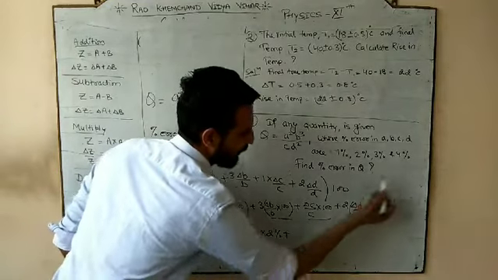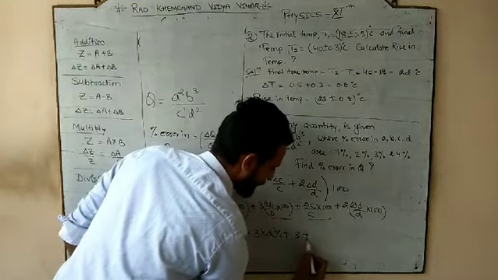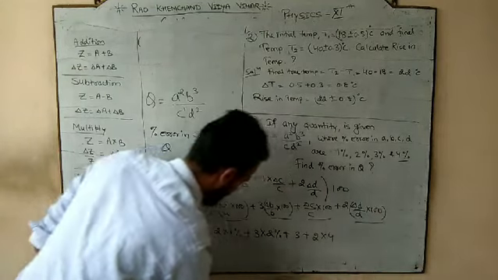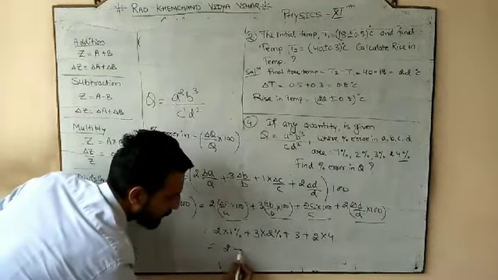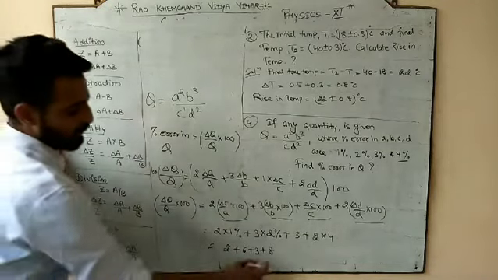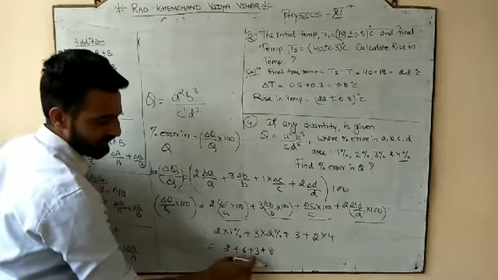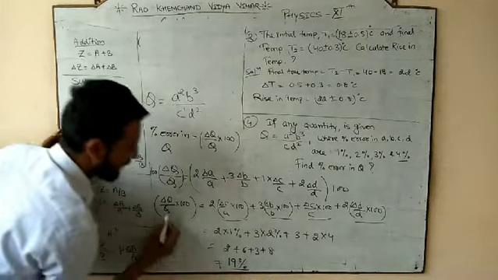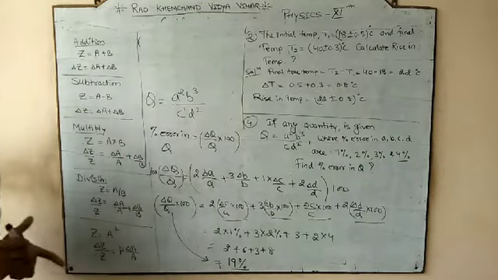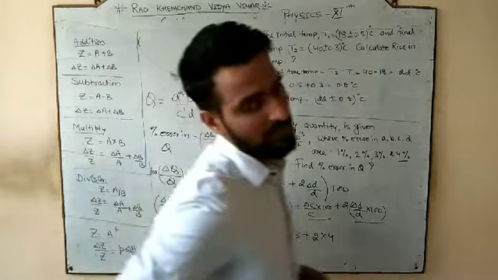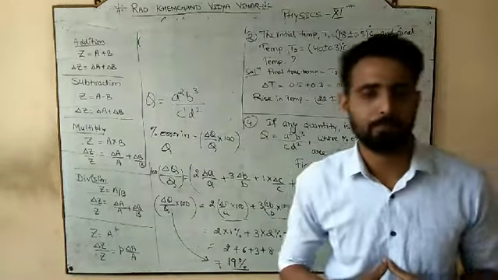Similarly, the percentage error of C, which is 3%, plus 2 into the percentage error of D, which is 4%. So it would be 2 plus 6 plus 3 plus 8. So 2 plus 6 is 8, 8 plus 2 is 10, plus 6 is 16, plus 3. So what is the percentage error in quantity Q? 19%. This was a similar question that was asked in STET 2019.